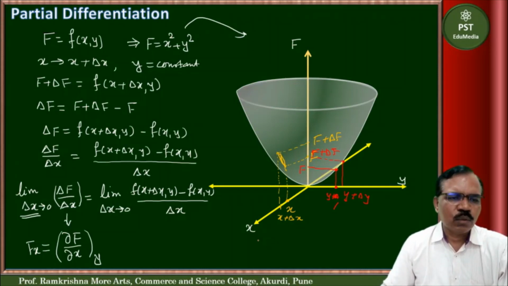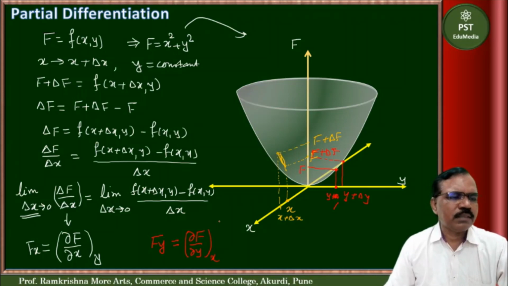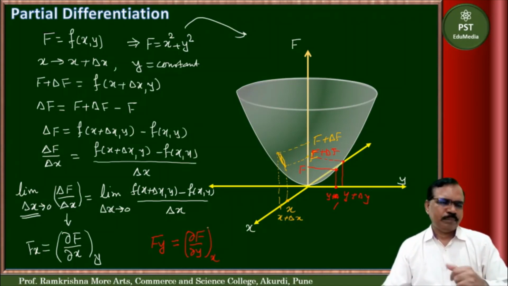From this we get fy, and that fy is dabba f by dabba y, partial derivative of f with respect to y when x is constant. So dabba f by dabba x is partial derivative with respect to x, dabba f by dabba y is partial derivative with respect to y.